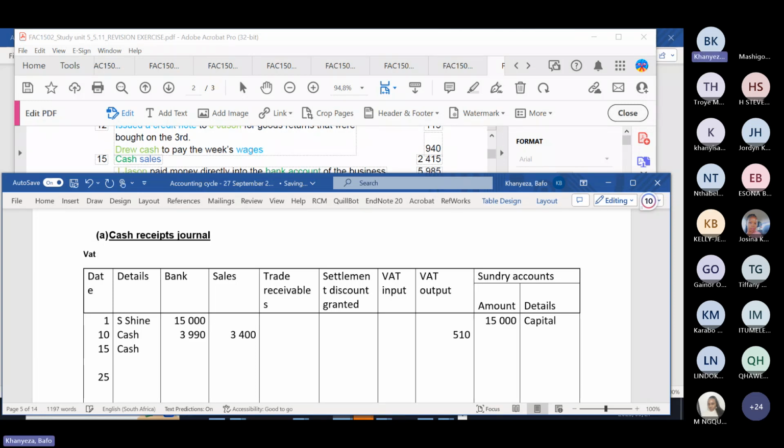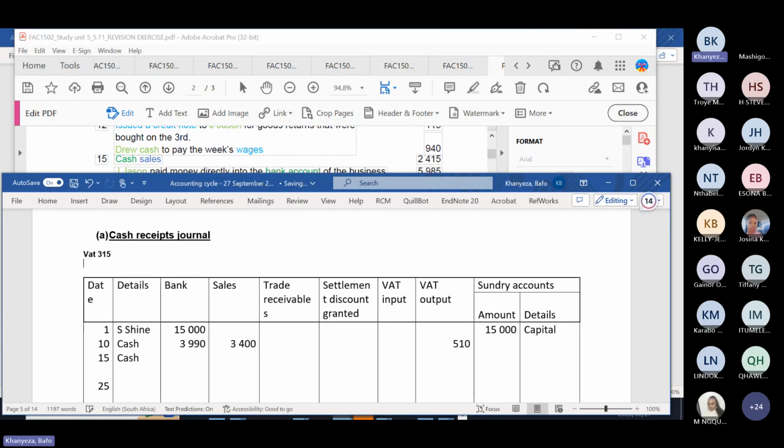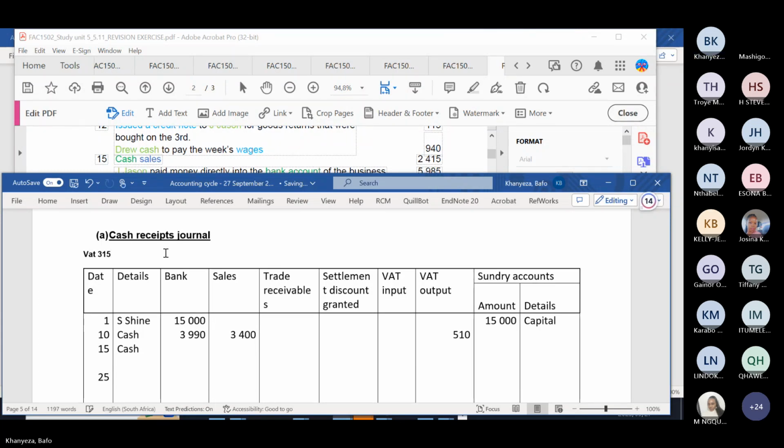This is 2,415. VAT is going to be 315. I don't want to just write numbers, because some students will still ask where you get these numbers.